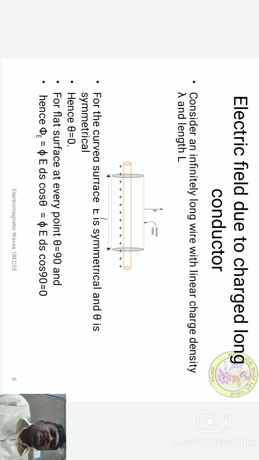Let us follow the different steps of the Gauss law and calculate the value of capital E. Very first, let us consider a point P at a distance of say small r. What is the electric field at this point P due to this long charged conductor carrying the charges?